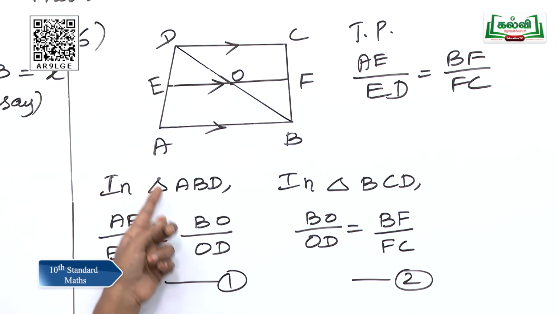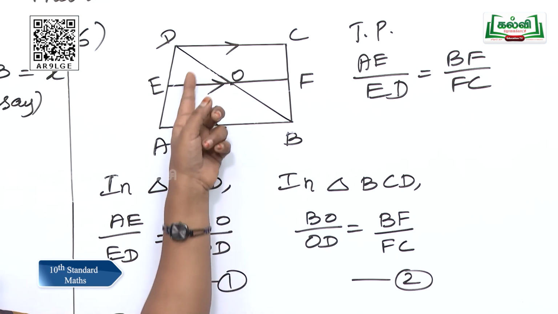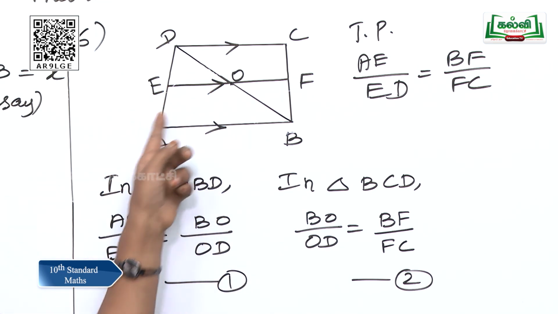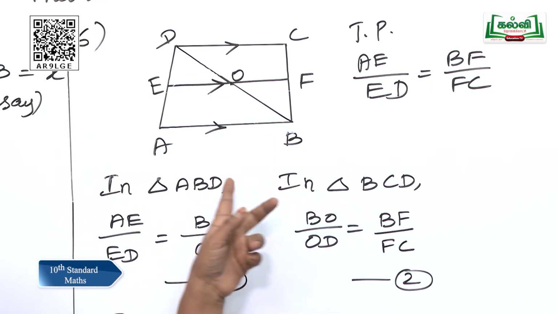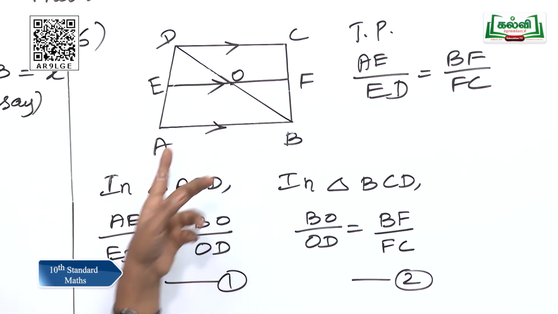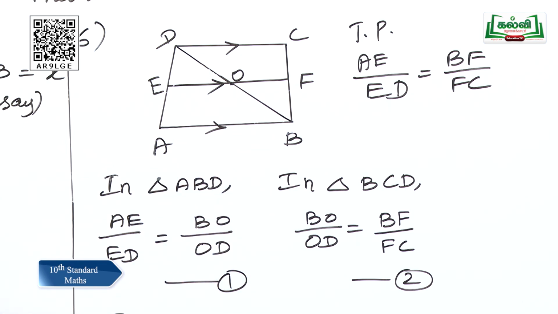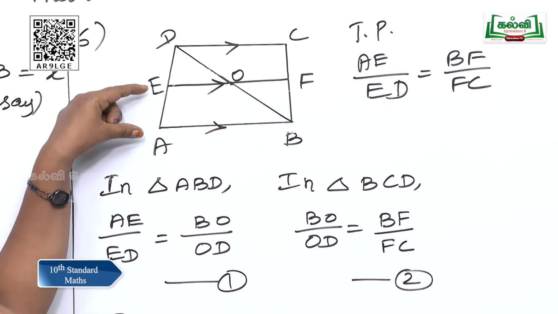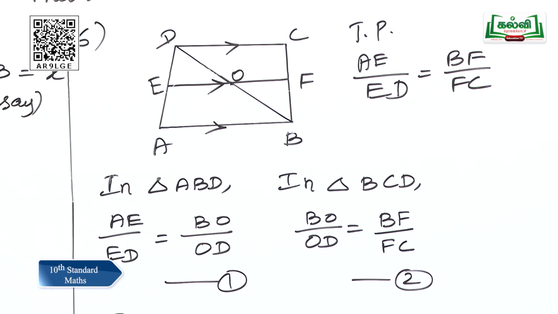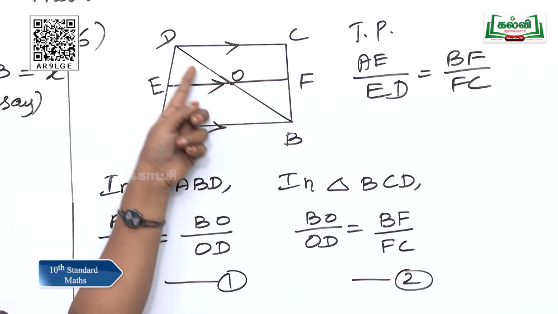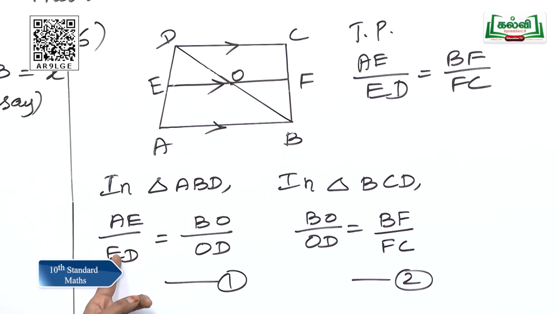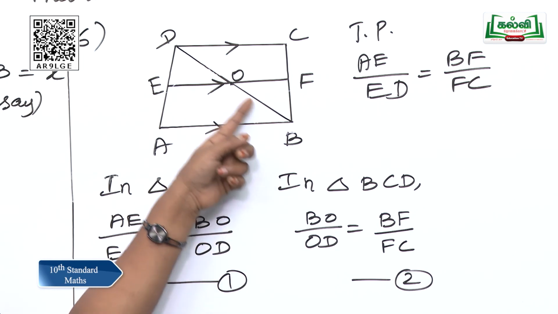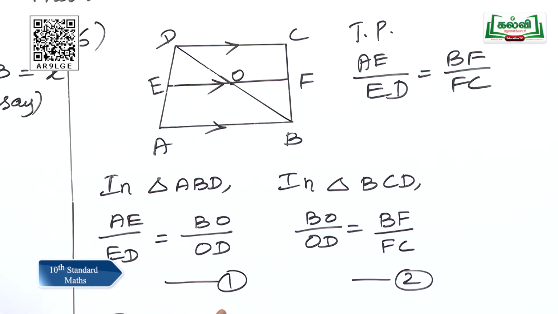So, in the first triangle, that is in the triangle ABD, we can say that EO is parallel to AB, which means we can apply Thales theorem. So, by applying Thales theorem, we can say that AE by ED is equal to BO by OD. Okay. So, AE by ED is equal to BO by OD is our first equation.